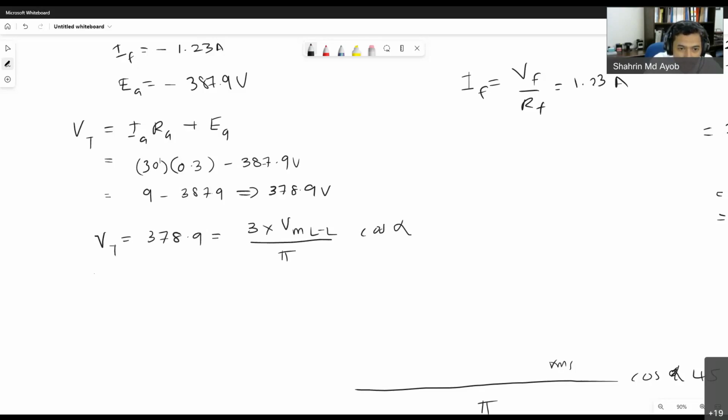From that you have 3 multiplied with square root 3, multiplied with square root 2, multiplied with 240 volt RMS over pi, multiplied with cos alpha.